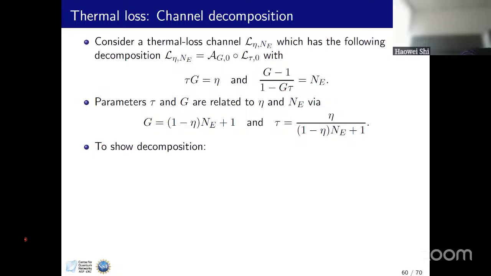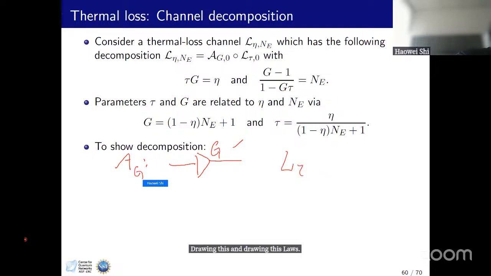We know that the amplifier can be drawn like this, and the loss simply drawn like this.